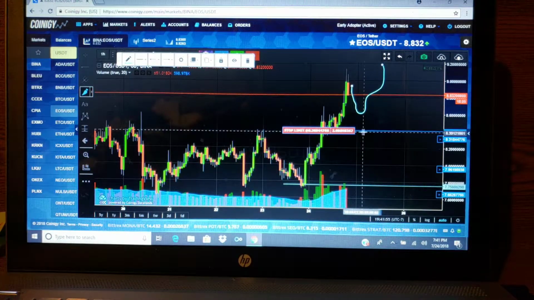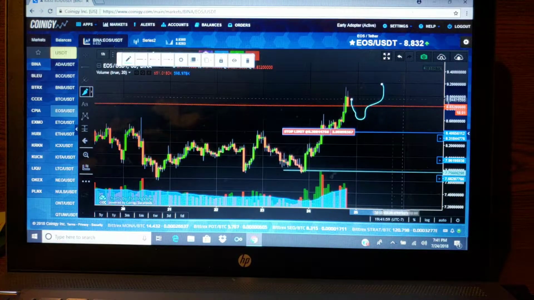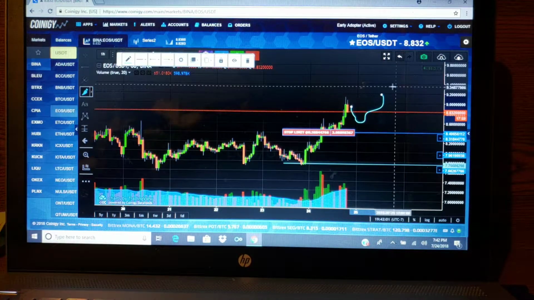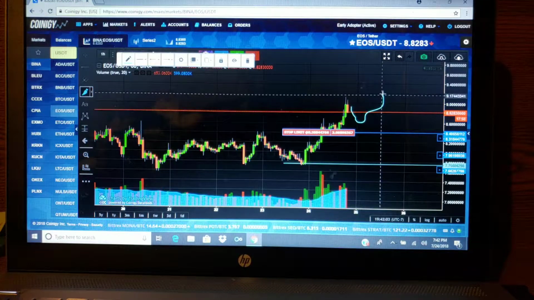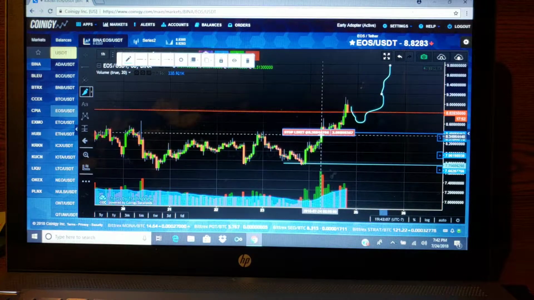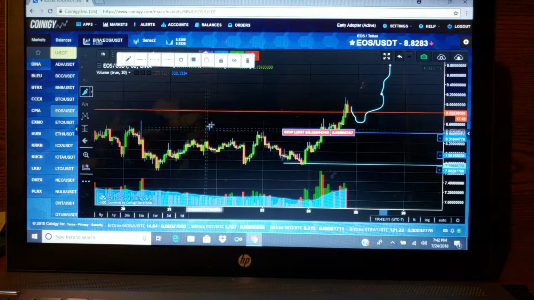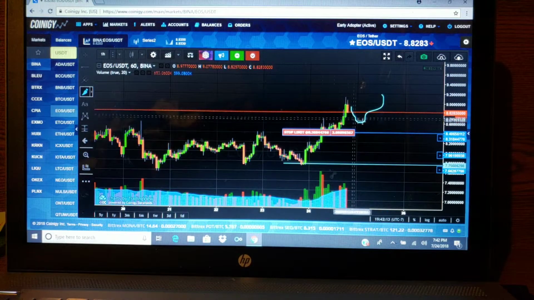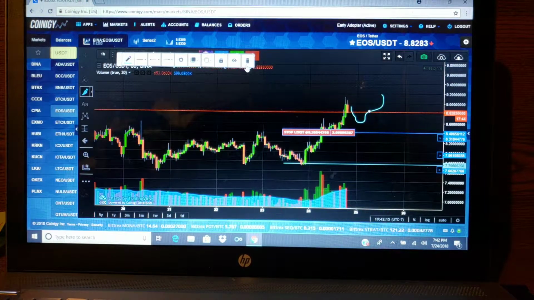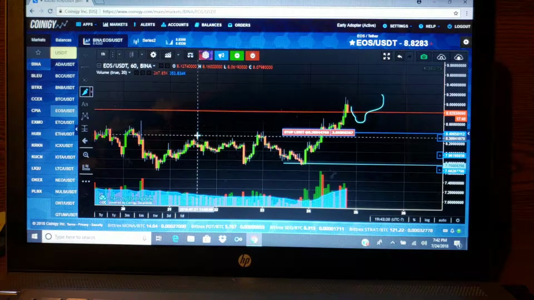It won't squeeze us out. And then if this does decide to come up here, say 950, 980, then we just take this guy, we'll just move it up. So you can use the stop losses.